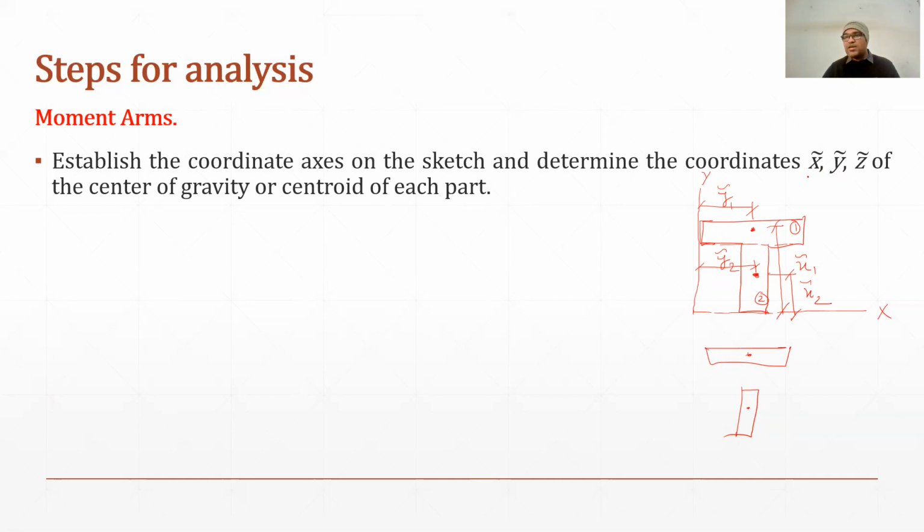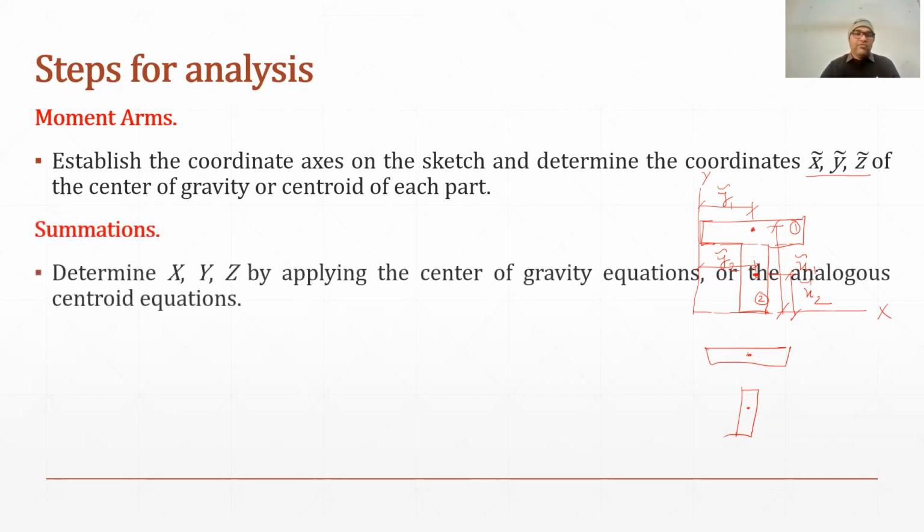This is about finding the x approx, y approx, z approx depending on the type of body. And after that, we try to find out x bar, y bar, z bar of the complex body. So now what is x bar, y bar, z bar? These are actually the coordinates of the centroid or CG of the body.